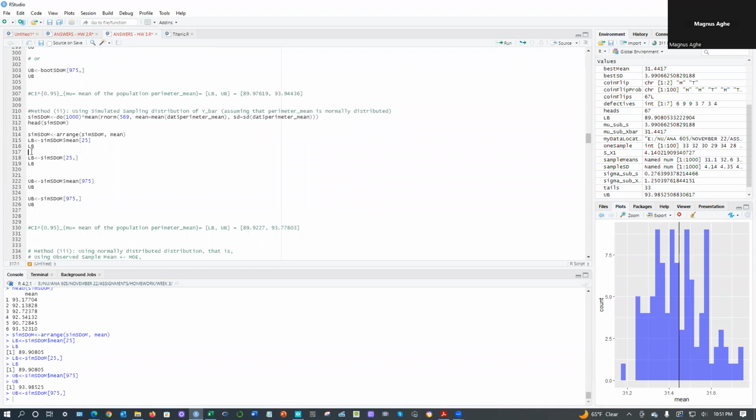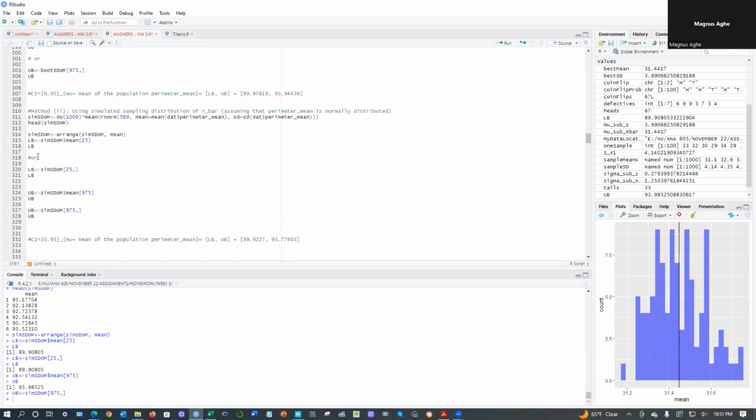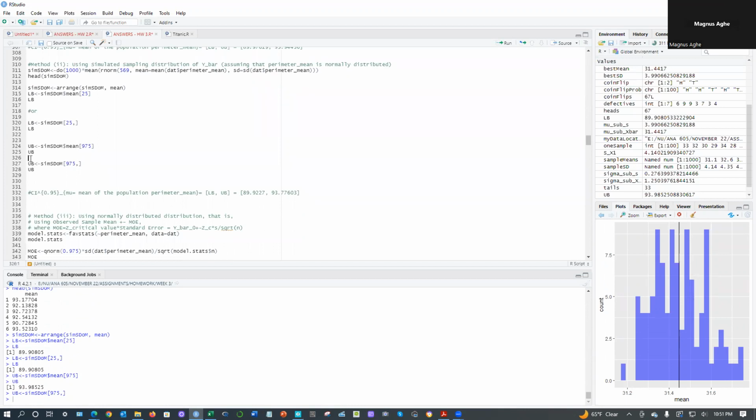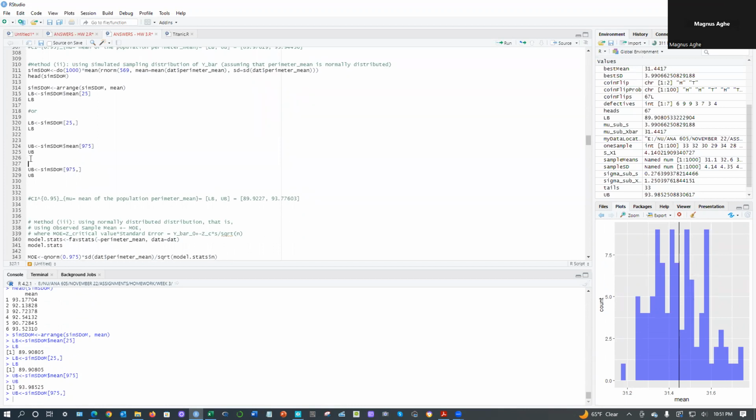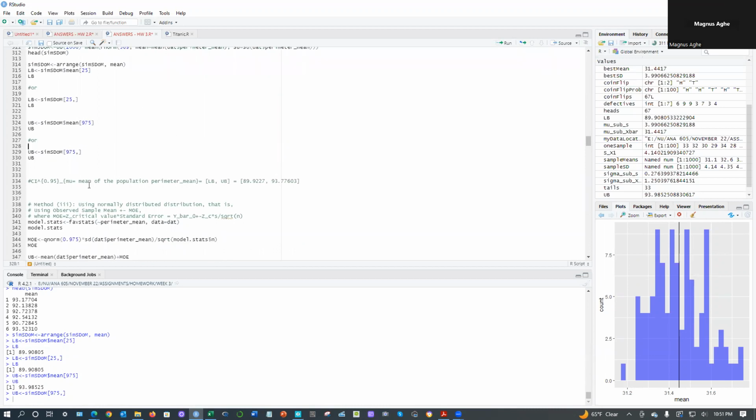In similar fashion, the lower bound this way or this way, and the upper bound this way or this way. You come up with pretty much the same answers. It is between around 89 to 93 or 90 to 94.